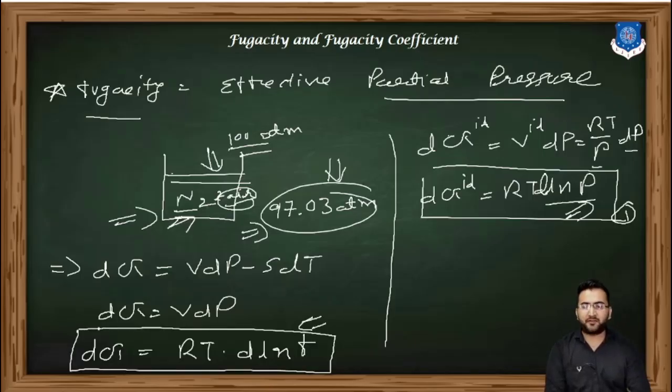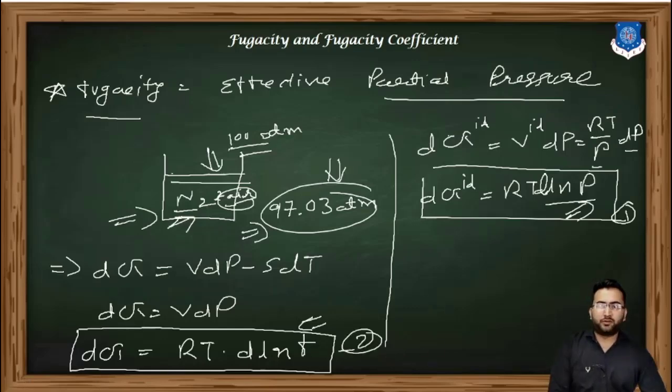So for a real gas, pressure can be replaced with fugacity. This is how we use fugacity, and this is the equation for fugacity.